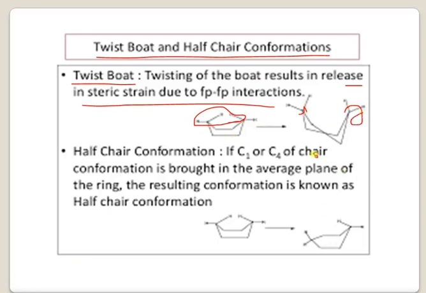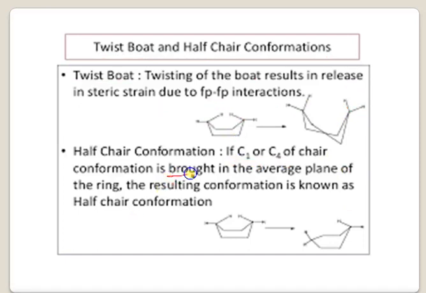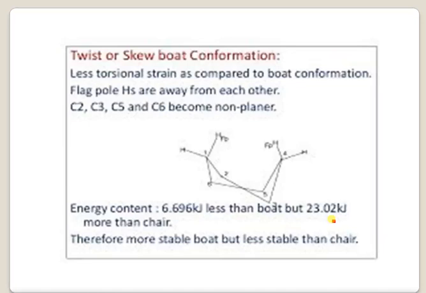And for the half chair conformation, if carbon 1 and carbon 4 of the chair conformation are brought into the average plane of the ring, the resulting conformation is called a half chair conformation. When one carbon is above the plane and the other five are in the plane, this is called the half chair conformation. The skew boat is also called the twist boat conformation, formed by twisting carbon 1 and carbon 4.